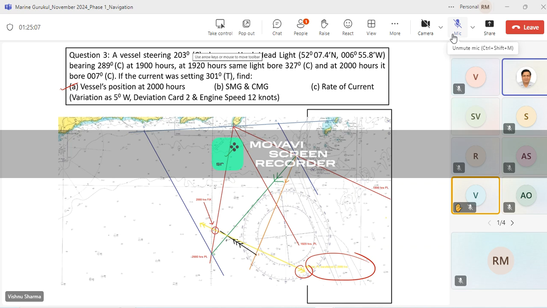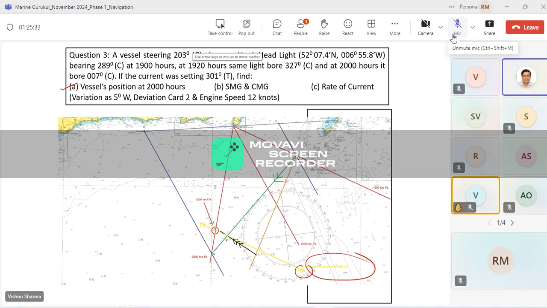Yes or no? Tell me. Yes, sir. Guys, if the question said find the position at 1920 and 1900, what should I do now based on what we just learned a while back? We will transfer the position at 2000 hours to the given time.